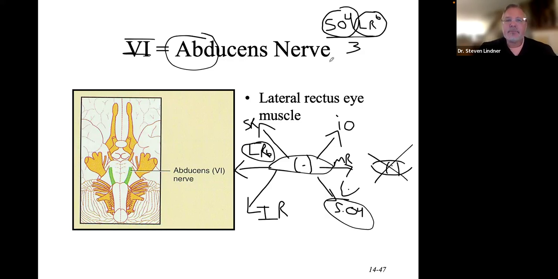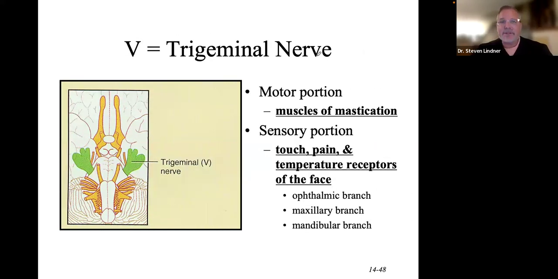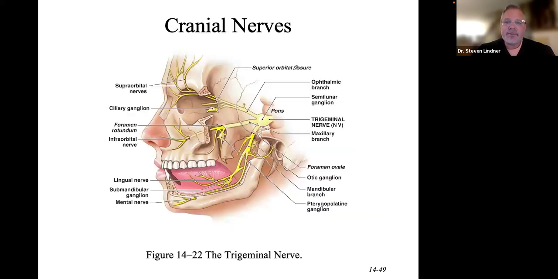Okay, and the last cranial nerve for the Pons is called the trigeminal. Tri means 3, and it's because there are 3 divisions to the trigeminal nerve. When we look at those 3 divisions right here, we see that one division right here, V1, goes to the eye.